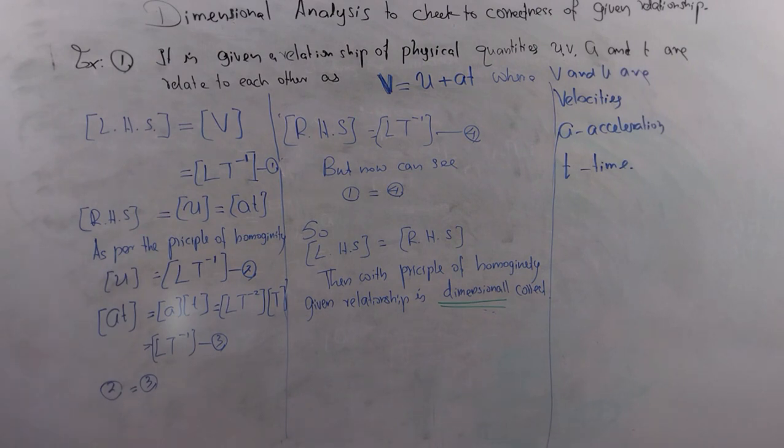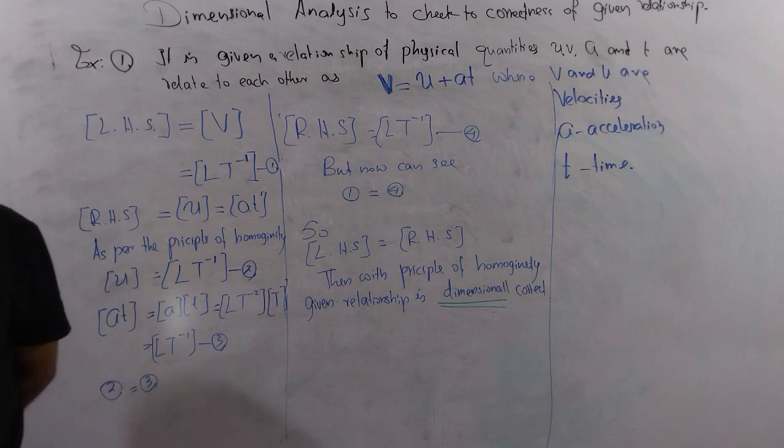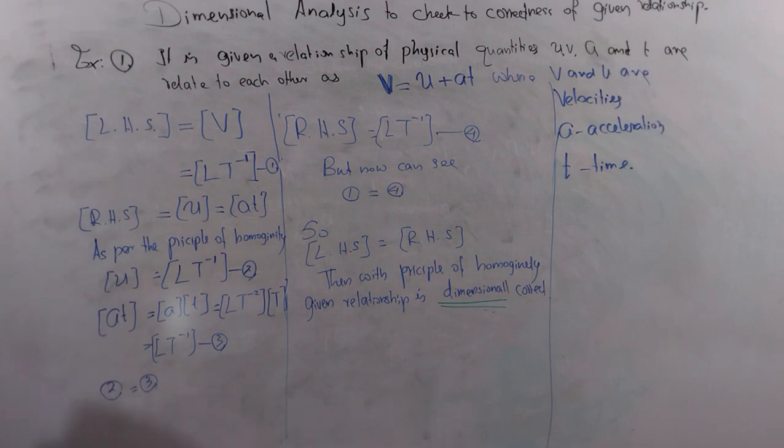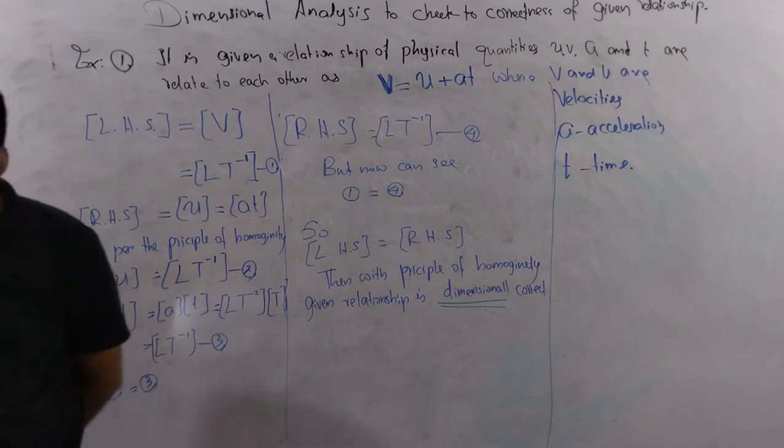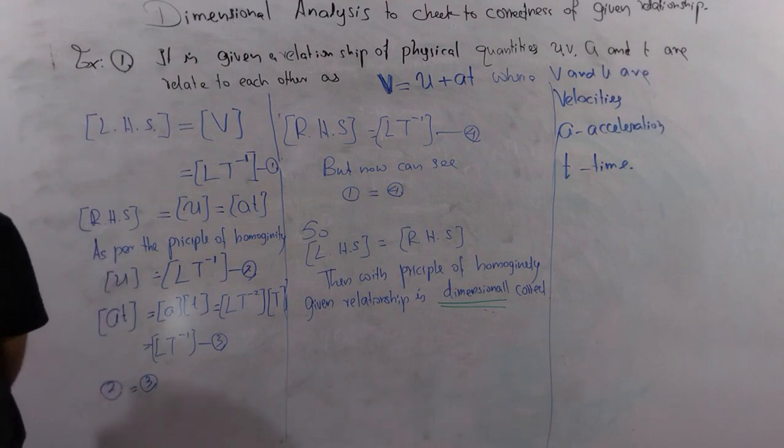With this I am planning to finish the class for today, and we are going to discuss some more examples on this same dimensional analysis next time: checking the correctness of given relationships, as well as deriving some relationships and finding some unknown values.